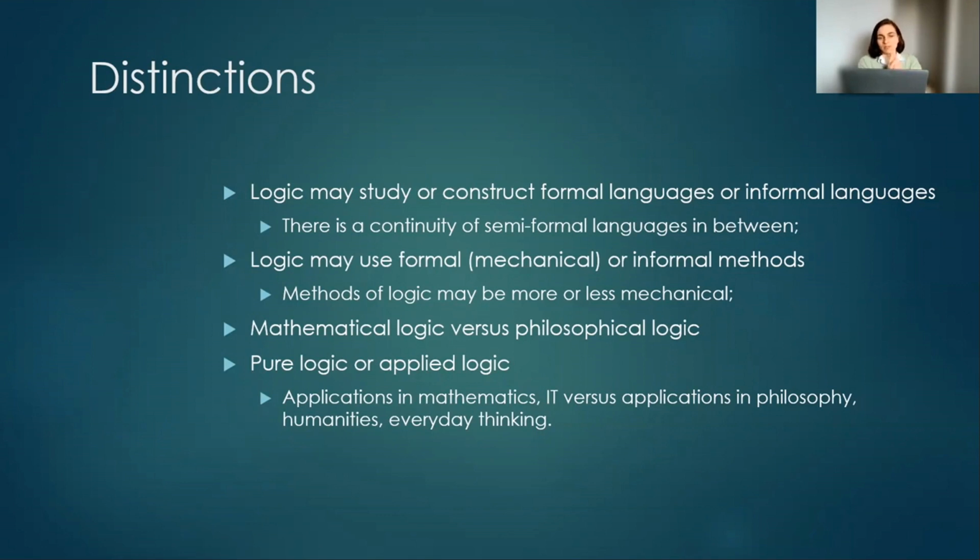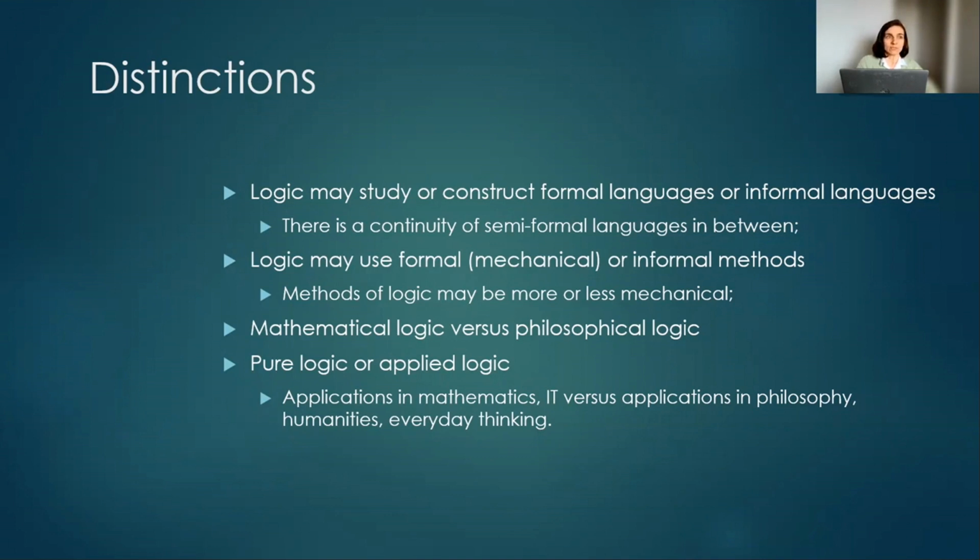What's more, logic may use formal or mechanical methods or informal methods. This idea of mechanization of thinking was quite important and it played a great role in the appearance of the new tools of proof and so on.